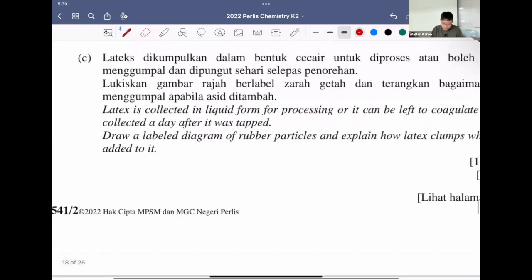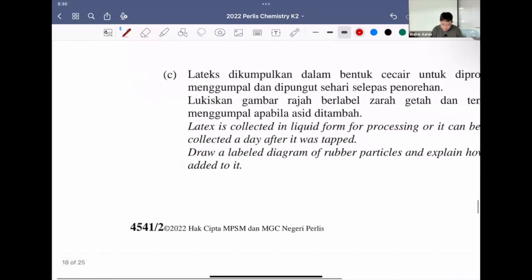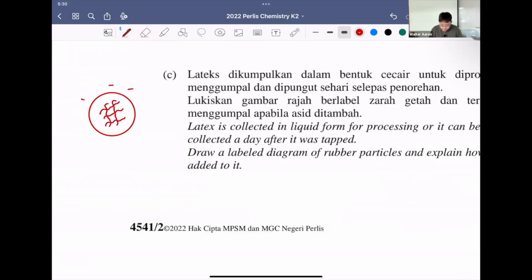You can just draw a circle, and then draw wavy lines to show the rubber particles. After that, you put a negative sign to indicate a negatively charged membrane. They should repel each other because they have the same charges on the surface, so they will not clump together.